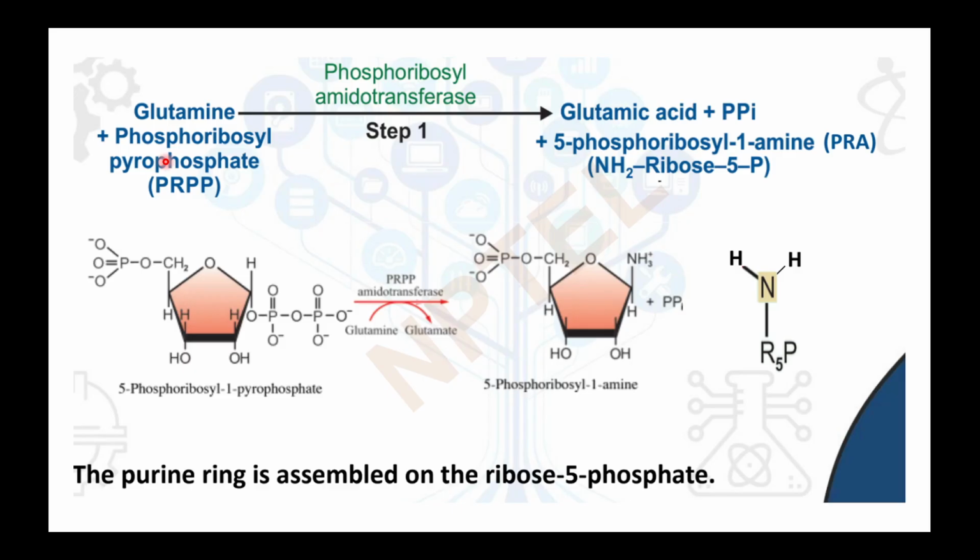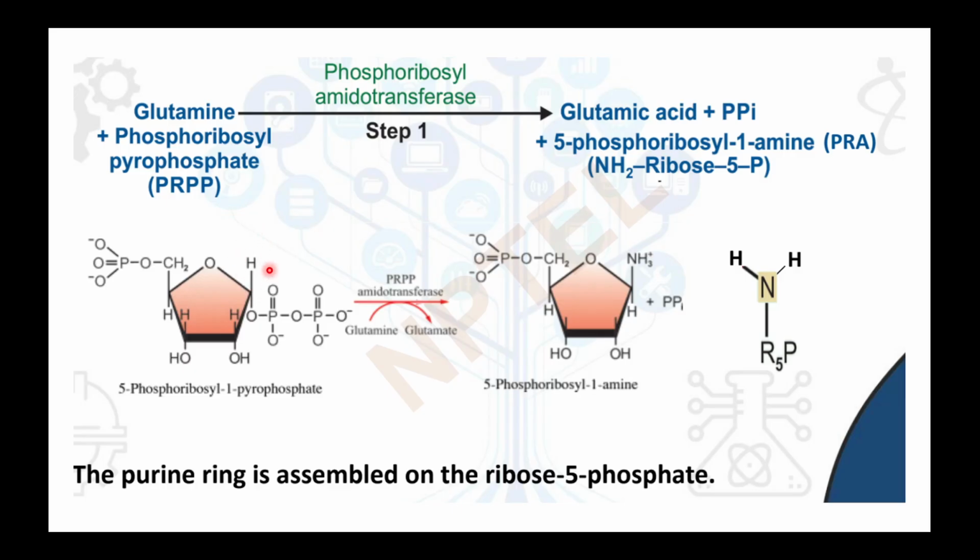This PRPP reacts with glutamine, where the enzyme phosphoribosyl amidotransferase acts on it, and the amine group of glutamine is transferred to the PRPP, and the pyrophosphate is released. So there's a breakdown of the pyrophosphate bond. Pyrophosphate is released. The amine group is transferred to this carbon where the pyrophosphate was attached.